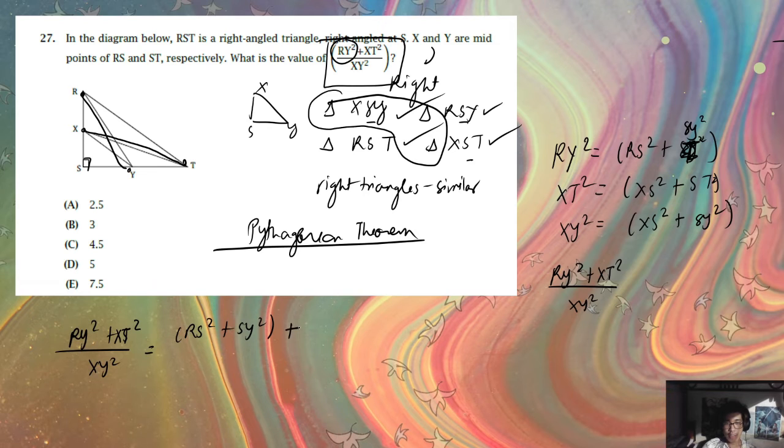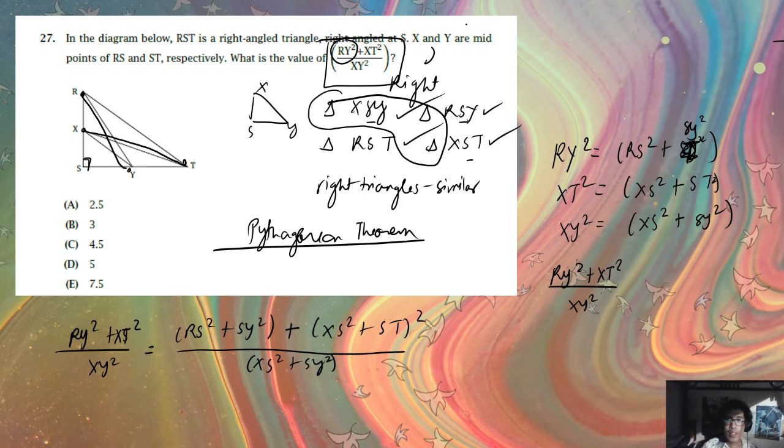We also have plus the value of XT squared, which is XS squared plus ST squared. And all over that, we have XY squared, and XY squared is just equal to XS squared plus SY squared.